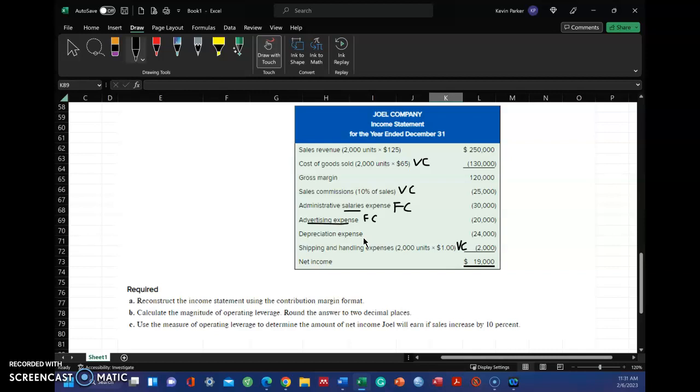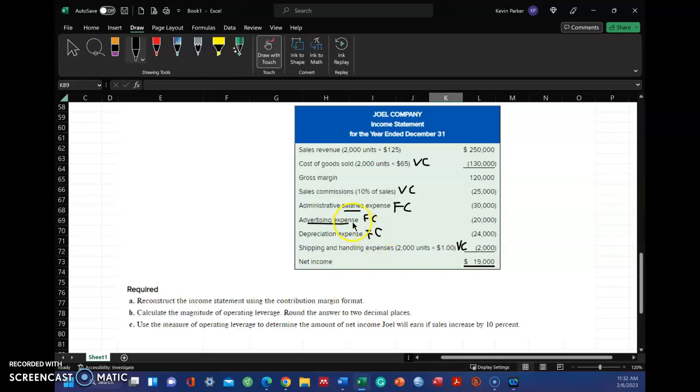So that would be a variable cost. But if you see it like that, that's variable. And unless we tell you otherwise, all depreciation expense is going to be fixed. There are times where depreciation expense could be variable. You know, could be on the production volume or depletion rates or something like that.